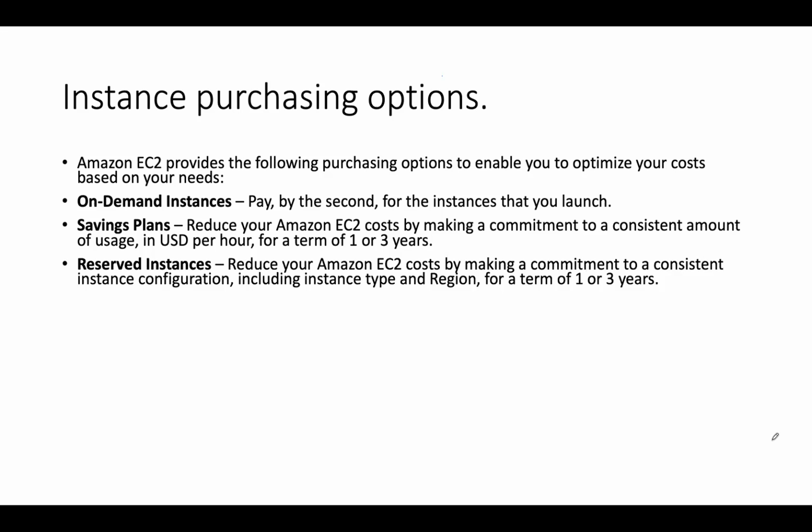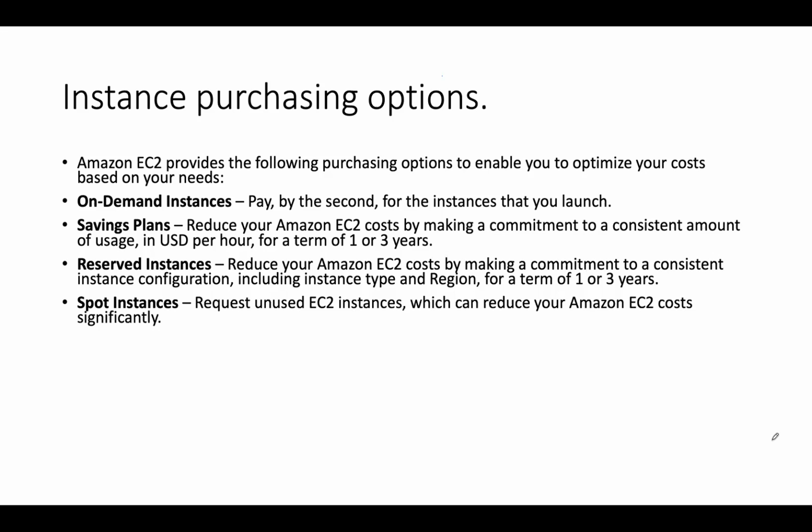Next, reserved instances. Reduce Amazon EC2 cost by making a commitment to a consistent instance configuration, including instance type and region, for 1 year or 3 years. You can put instance and region in one type, which we will discuss further.